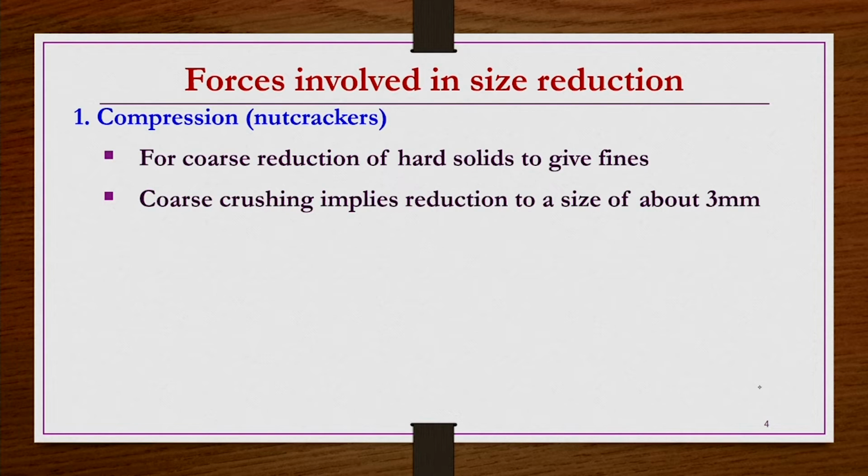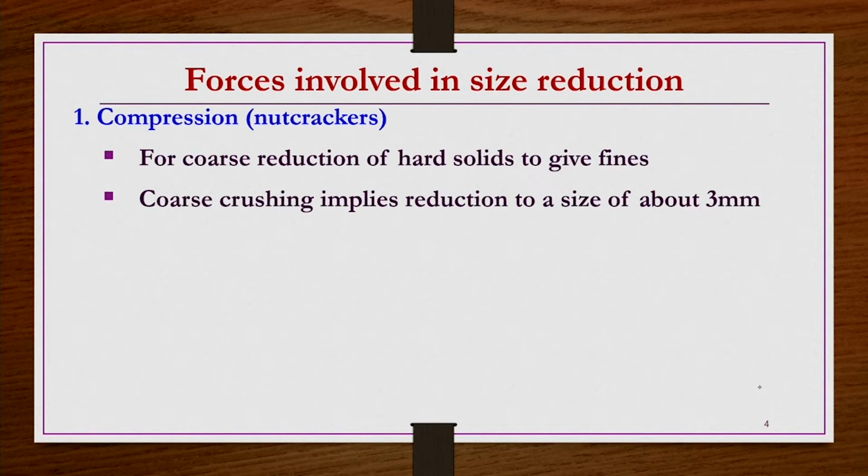So in general, whatever compressive forces you apply, the material that you get is coarse material, about 3 mm in size. That is the reason the reduction by these compressive forces is also known as coarse reduction.